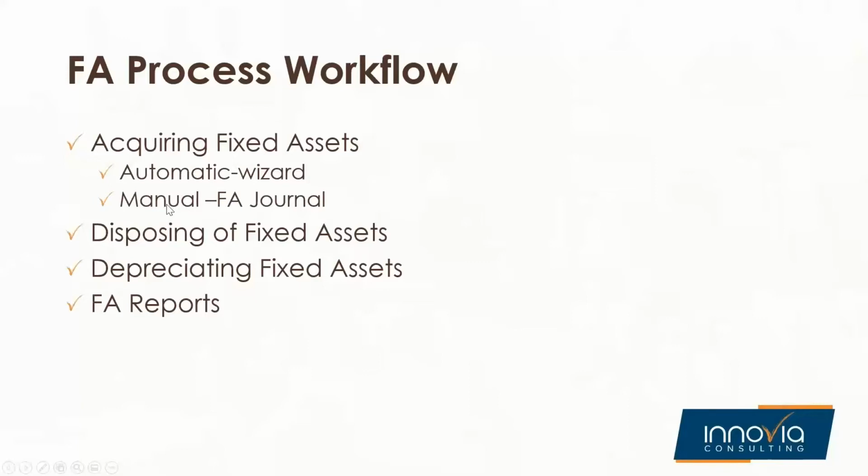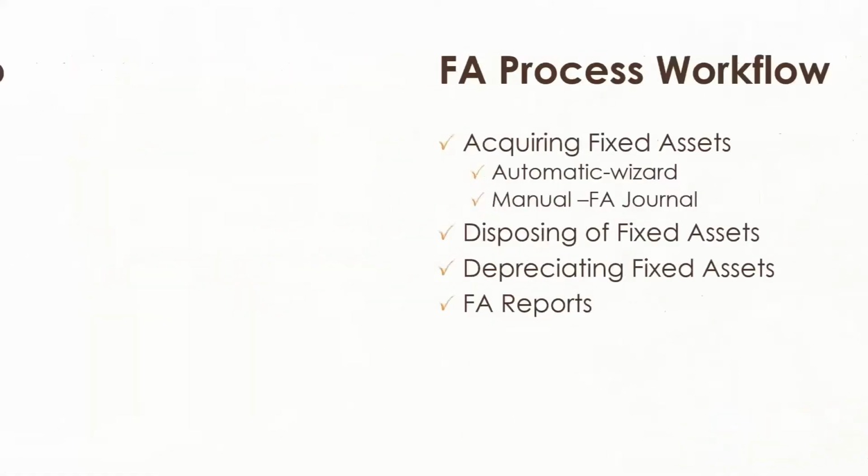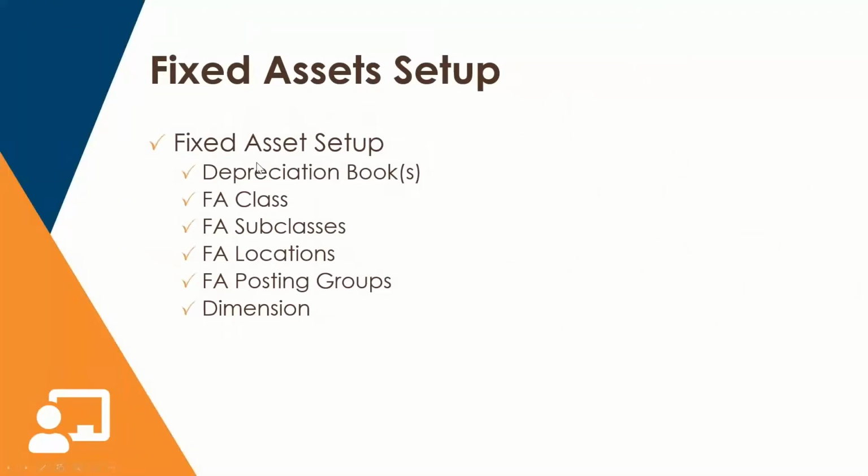The manual one, you'll get to see when we do the automatic, because it gives you the option to see the actual journal. So I'll show you that, but I'm going to be focusing on the automatic way of doing it. Then we'll do disposing of the fixed asset, depreciation, and then I'll show you a few reports that are useful in BC. So let me go back to this one here, and we'll follow the steps here.